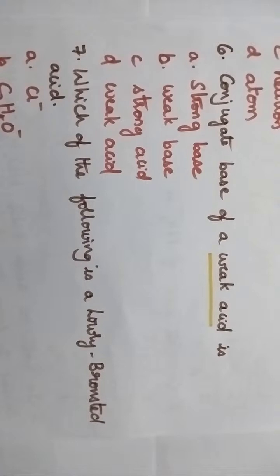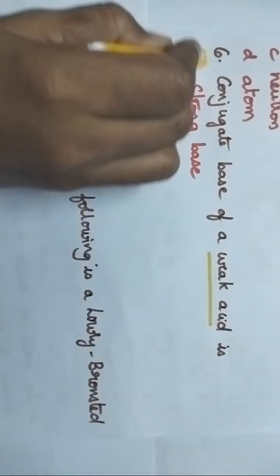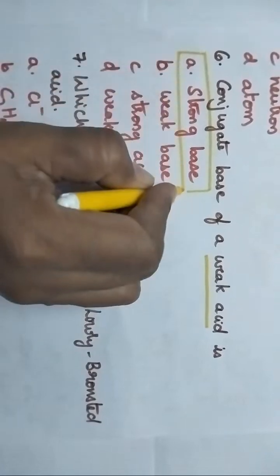Rama Durga, very good. Swati, very good. But always remember, a weak acid will always give a strong conjugate base. So option A is the right answer.